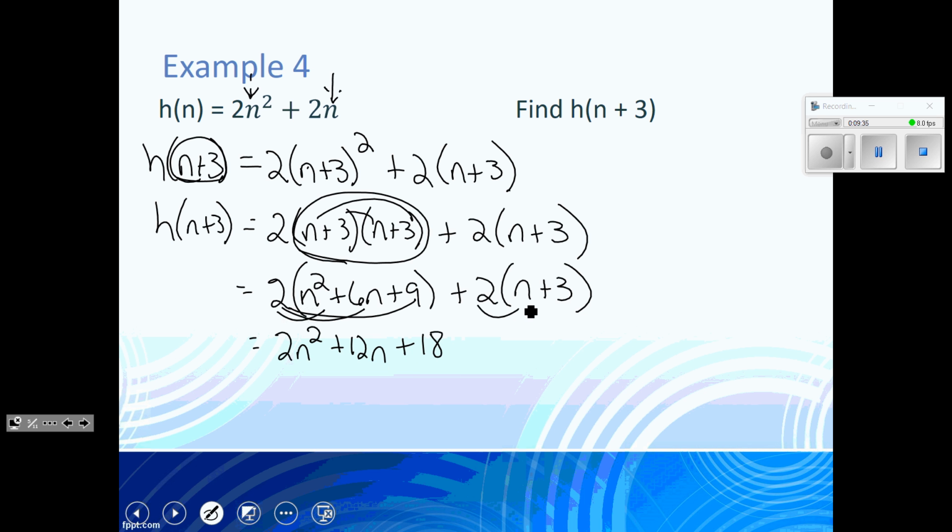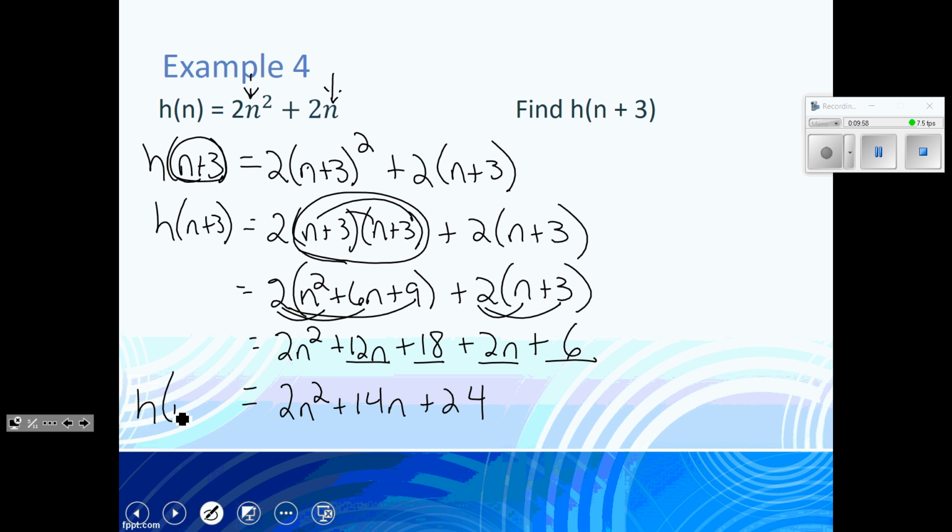Over here, I'm going to distribute. 2 times n would be 2n, and 2 times 3 would be 6. Then, what can I do? Combine like terms. So 2n squared plus what? 14n plus what? Plus 24. And there you would be done.